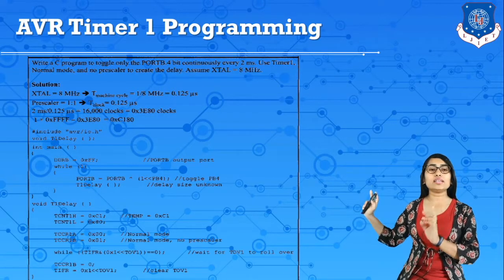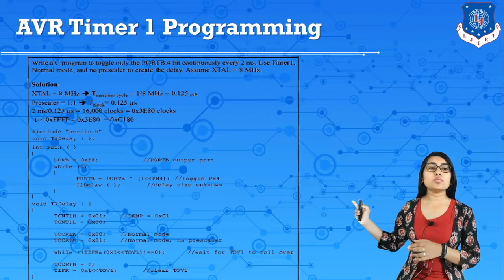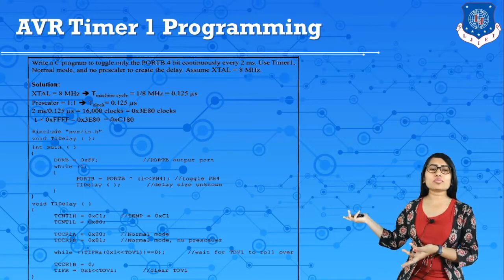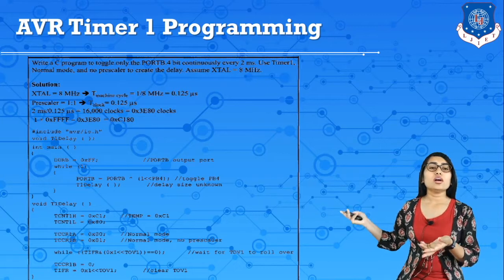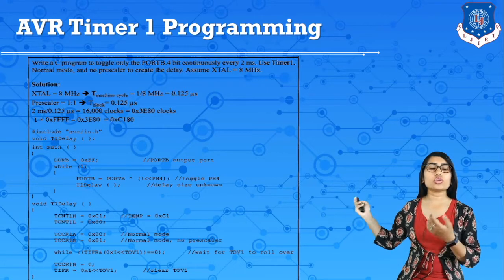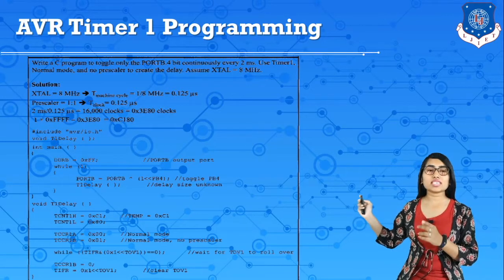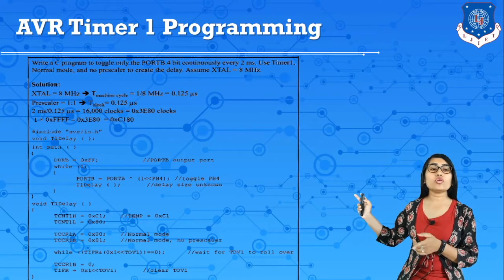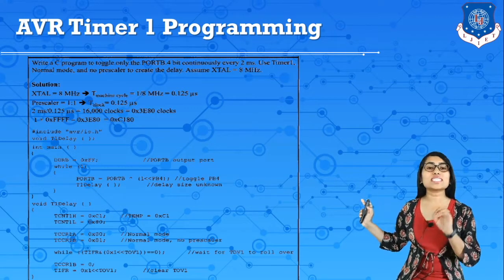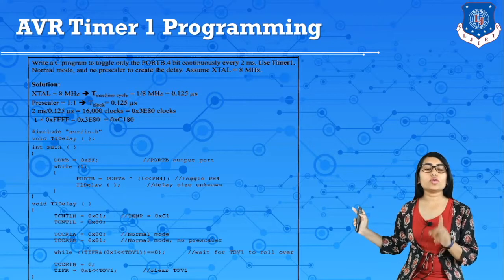So it will be converted into hexadecimal. First either subtract and then convert, or subtract then write the bits. So here we subtract these clocks from FFFF. Here we have a value that is 0xC180. We perform this subtraction from FFFF because this is 16-bit. For 8-bit we perform subtraction from FF, or 256.